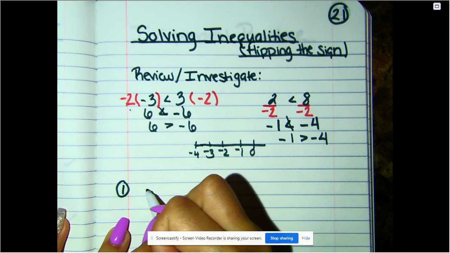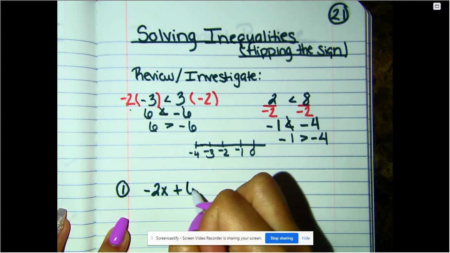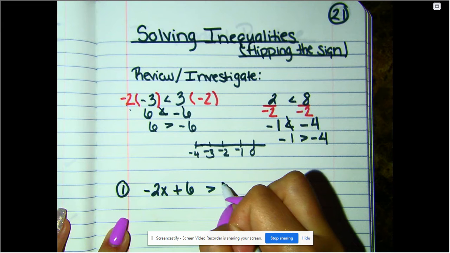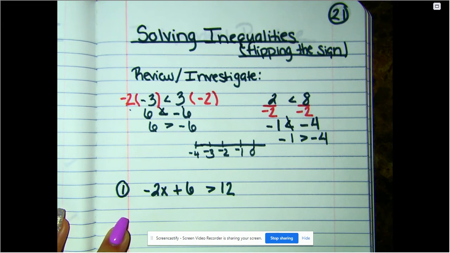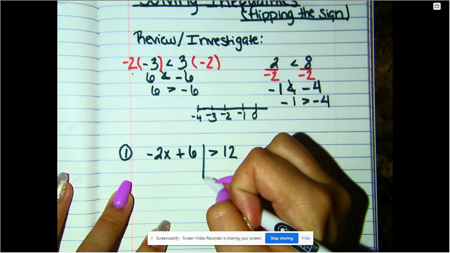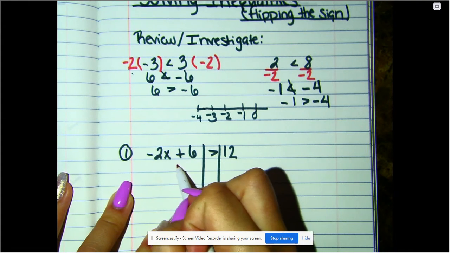Okay, so number 1, let's do -2x + 6 is greater than 12. Starting out this problem, I'm just going to put the barrier around my inequality sign, and I'm going to do the opposite of adding, which is subtracting.